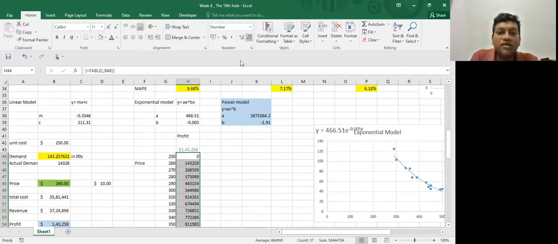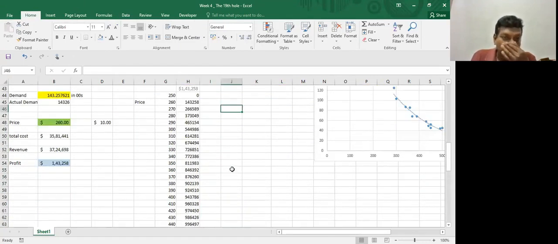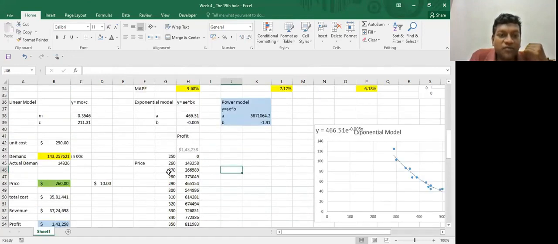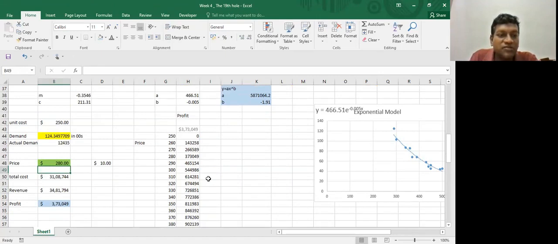Oh, it does. Okay, great. So you can see this value 143,258 for, let's say, 260. So when I say 280, the value is 373049. Correct, this value.